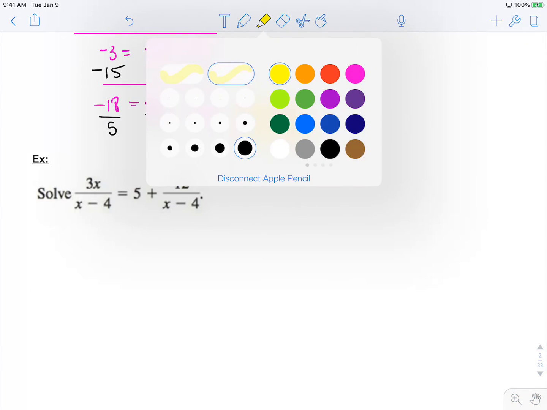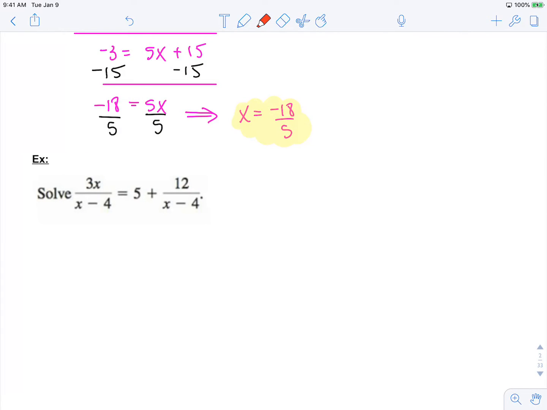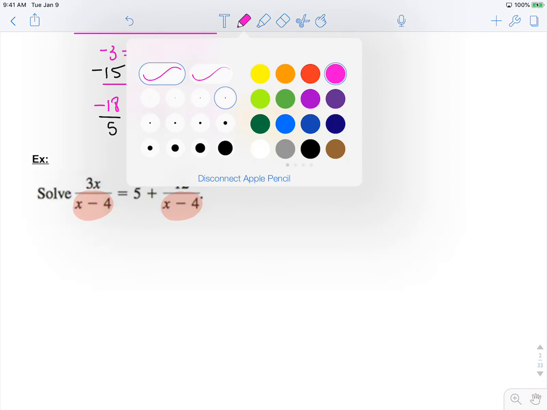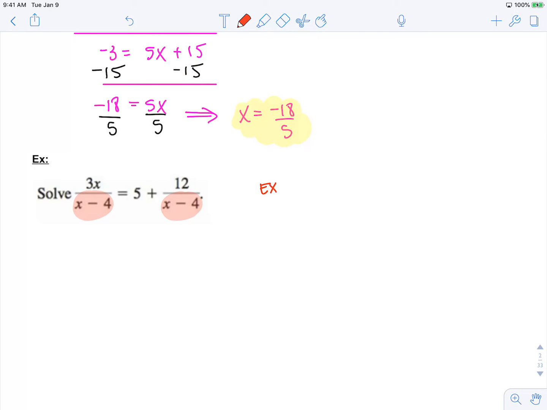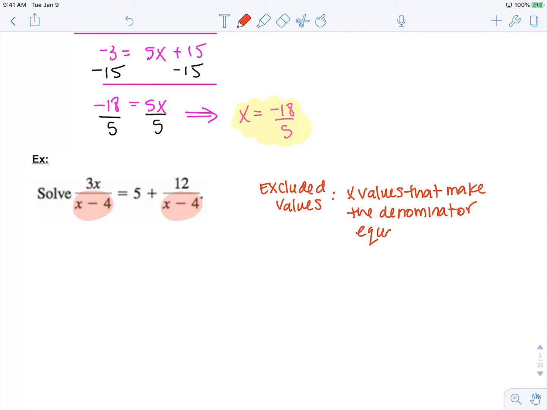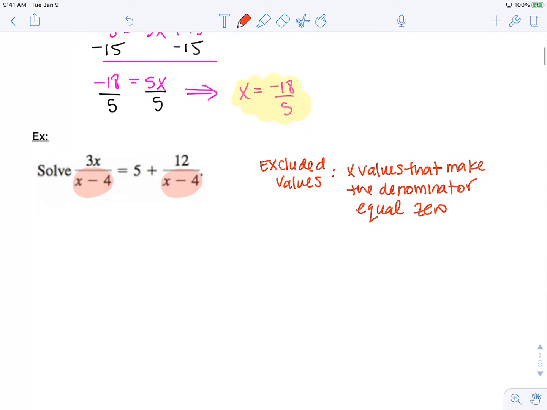Now here we have what's known as a rational equation because now x is in my denominator. If I look at these first, I can identify my excluded values, and those are x values that make the denominator equal 0.